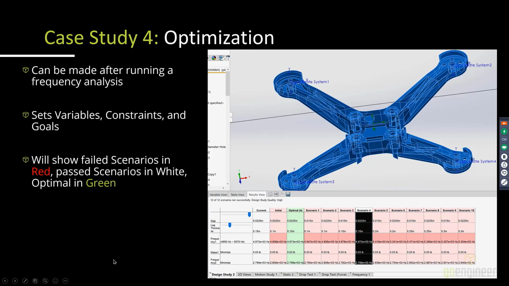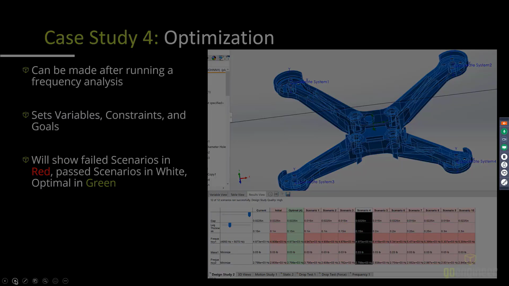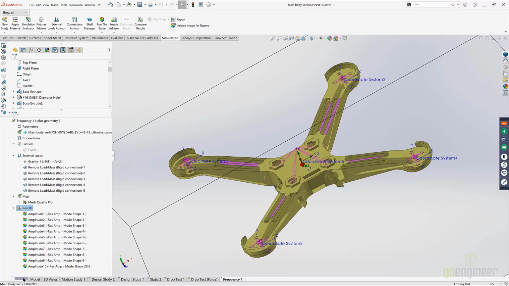Also, side note, since we ran the frequency analysis, if we change the definition, basically the number of frequencies we sweep in that analysis, then we will affect the number of frequencies available to the optimization study to solve through. And I will show that later. That was actually something I discovered while putting this presentation together.